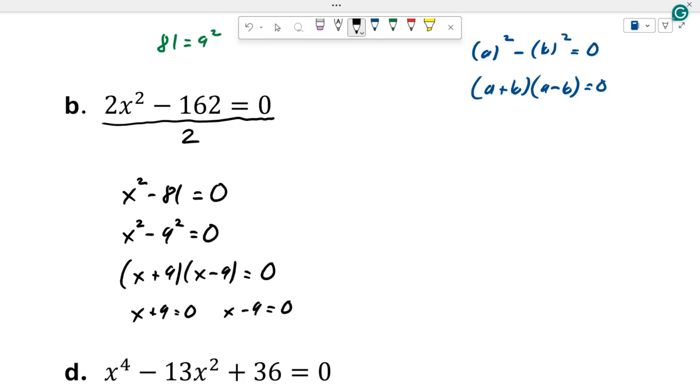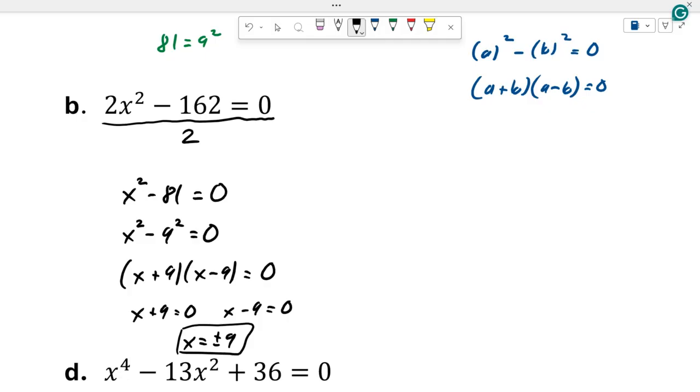You can see without too much difficulty that x equals plus or minus 9. That's our answer. x equals positive 9 and x equals negative 9 are both solutions to my original equation. If you want to move on now, feel free.